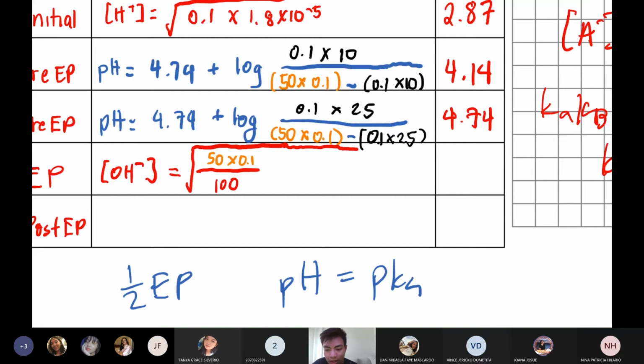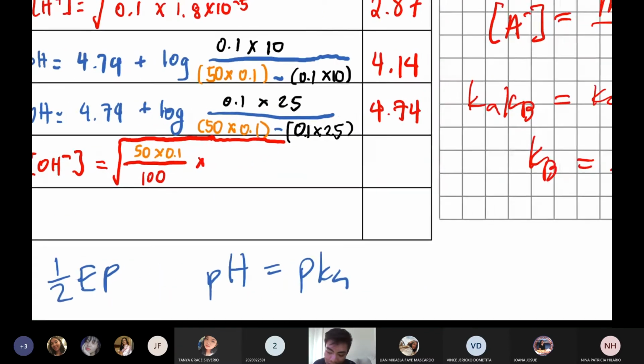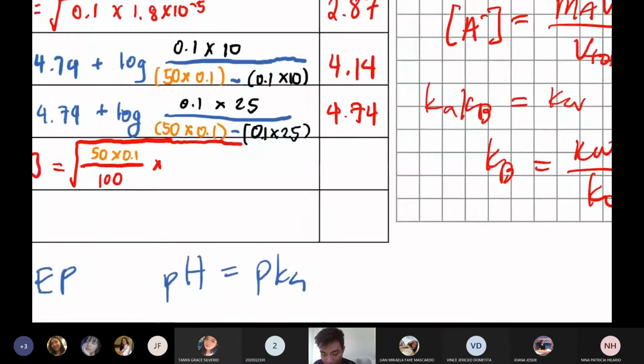Okay, ibig sabihin nun yung ating Erlenmeyer flask malapit na umapaw. And 250 ml nga pala yung Erlenmeyer flask, yan yung capacity niya. Multiply mo yan sa Kb. Ano yung Kb? Sabi natin dito, Kw over Ka.